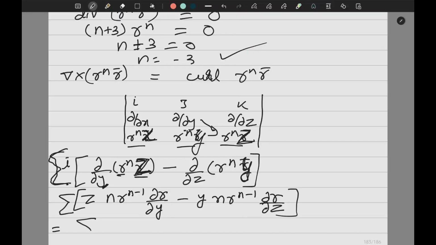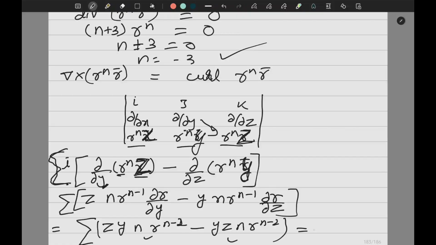Now summation. Now what is dou r by dou y? Dou r by dou y is equal to y by r. So z y n r to the power n minus 2, minus, here dou r by dou z is what? z by r. So y z n r to the power n minus 2. See, both the terms are exactly same.